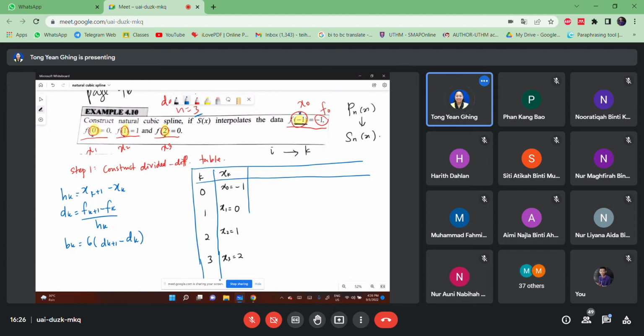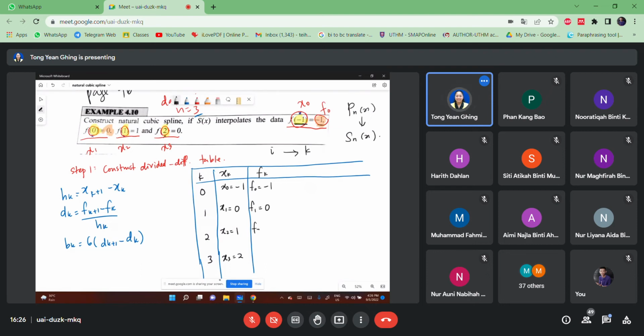And then we have to write in the table fk. This is the value of y. F naught is this value, -1. F1 is 0.